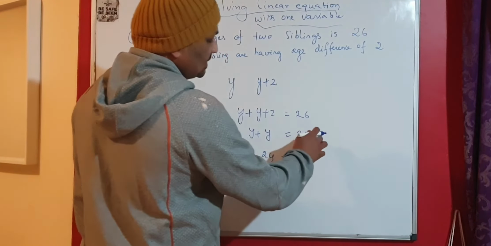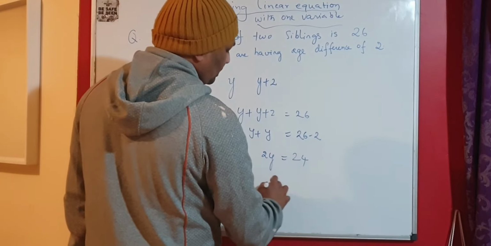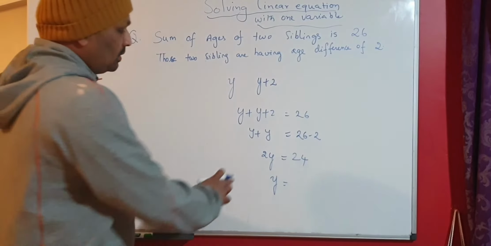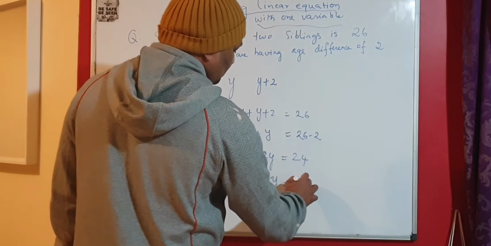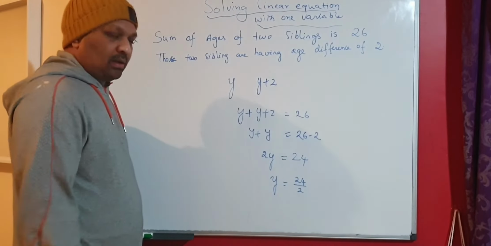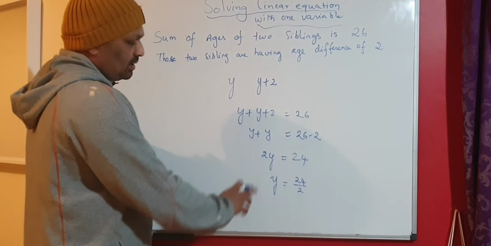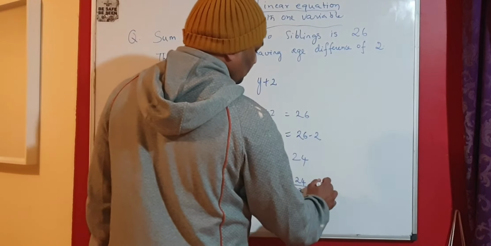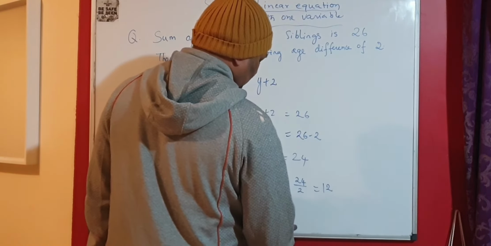On the right side, 26 minus 2 is 24. In the next step, 2 is multiplying y on the left side, so if it goes to the other side, it becomes a division by 2. 24 by 2 is 12. y is equal to 12.